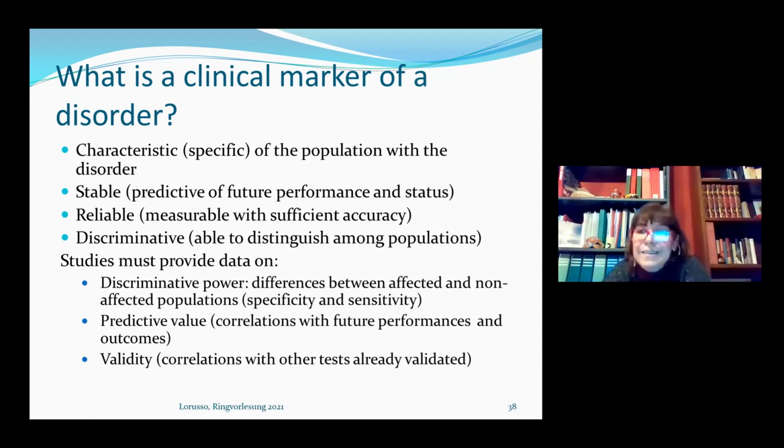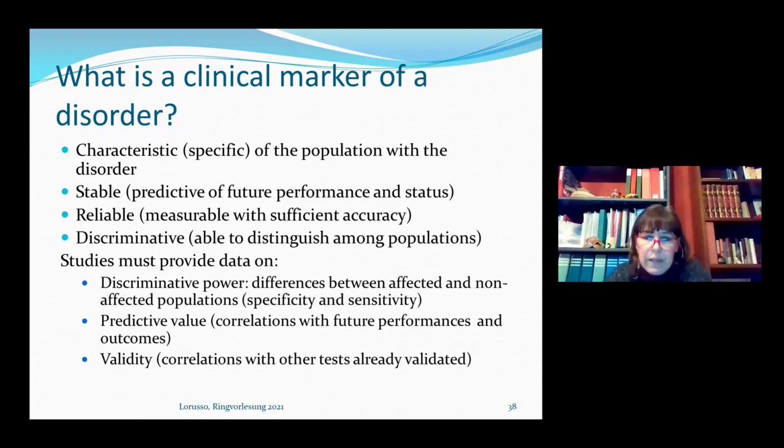So we need to have longitudinal studies that can tell whether a certain measure that we apply now to the population is able to predict the status and the performance of that population in 1 or more years, in a certain amount of time.